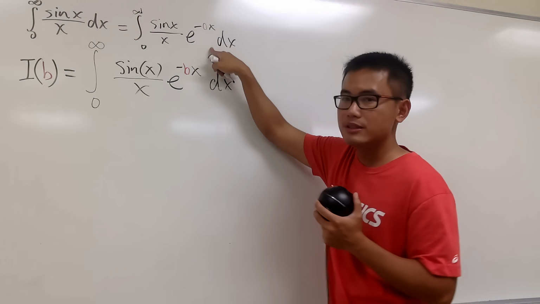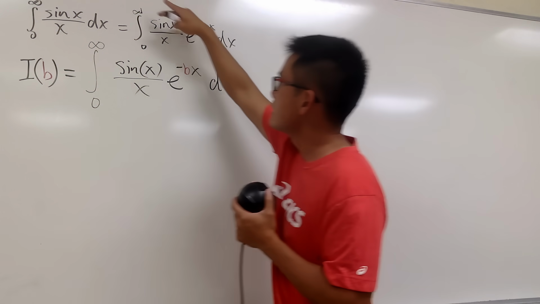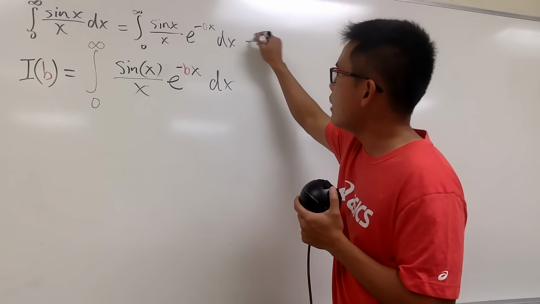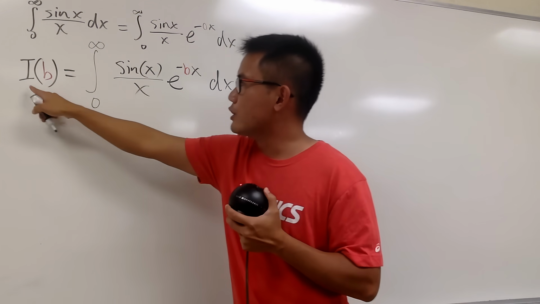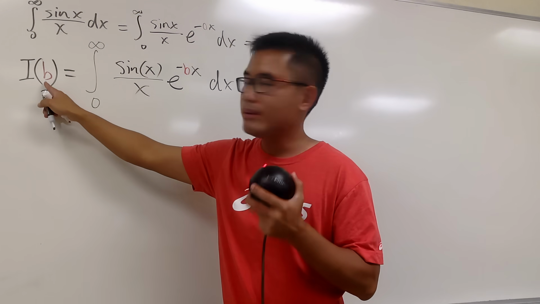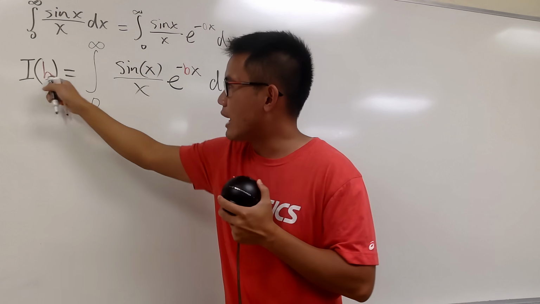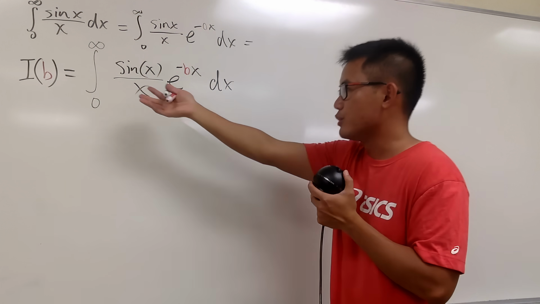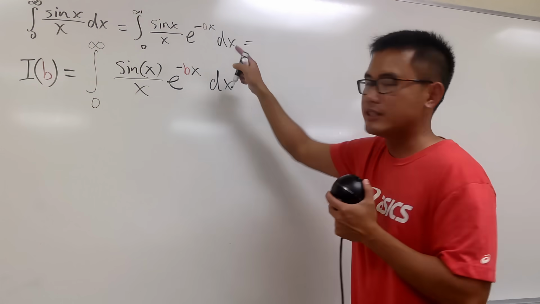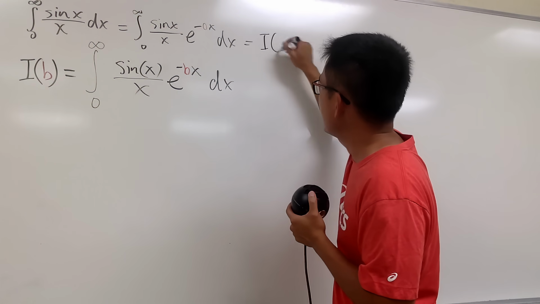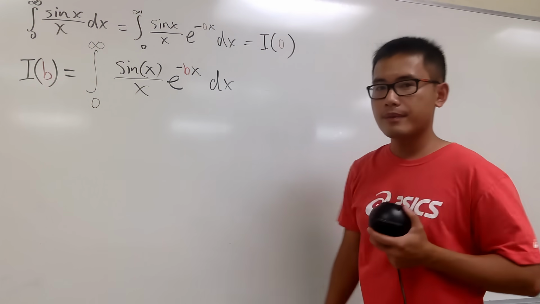Because of course we know this is just 1, right? That's just 1. And now I put 0 right here. Well, what I'm saying is I just have to plug in 0 into b, so I get I of 0. So the original question becomes that, which is the same as A. I just need to figure out what's I of 0, okay?